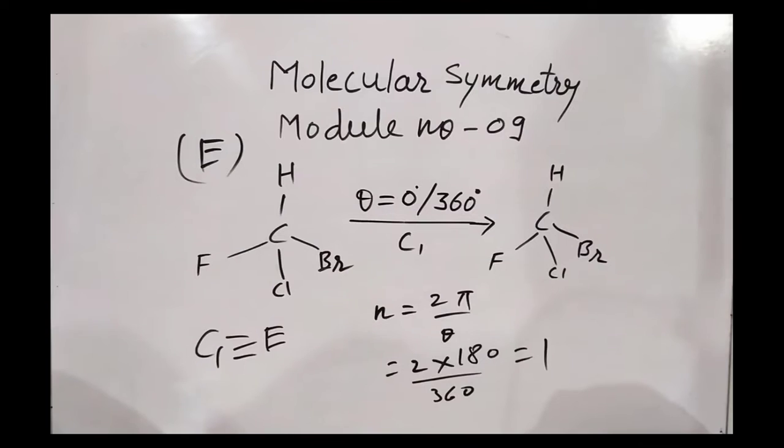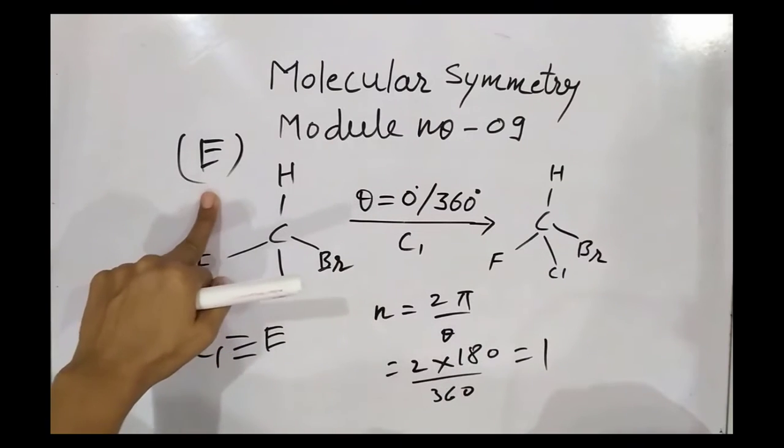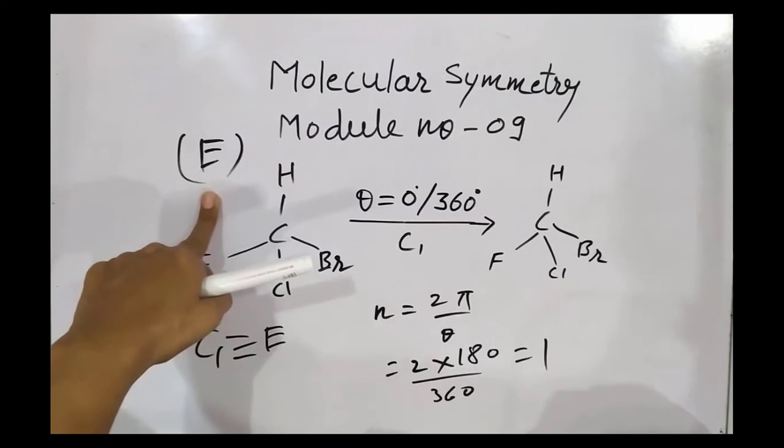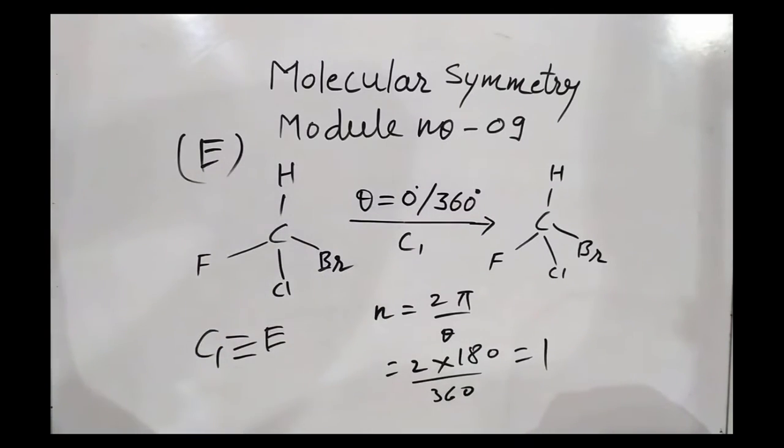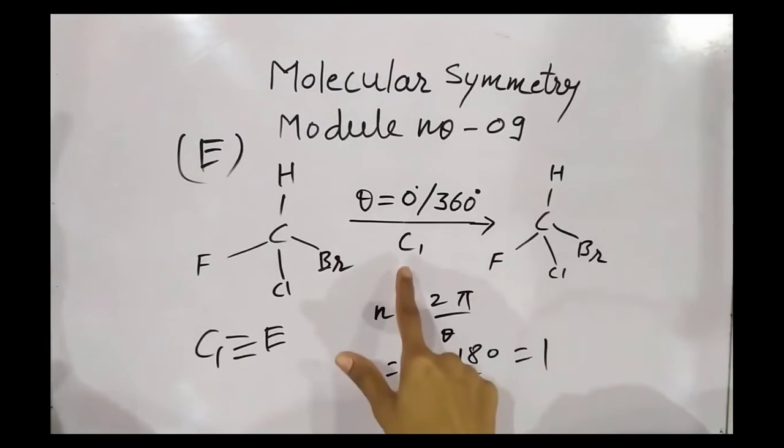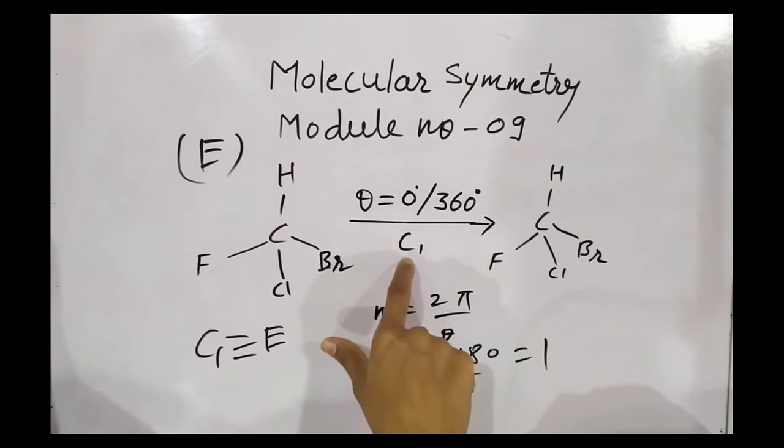Not only every molecule, but every object that exists in nature has this symmetry element, identity. Means what is identity? Either it is doing nothing, or it is simply rotating the molecule by 360 degrees, where we get the rotational axis C1.